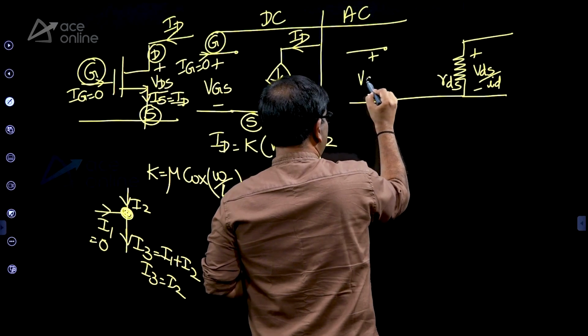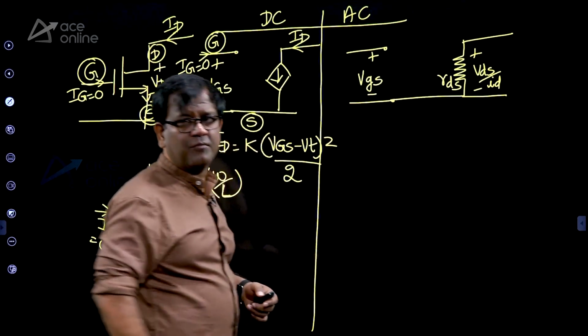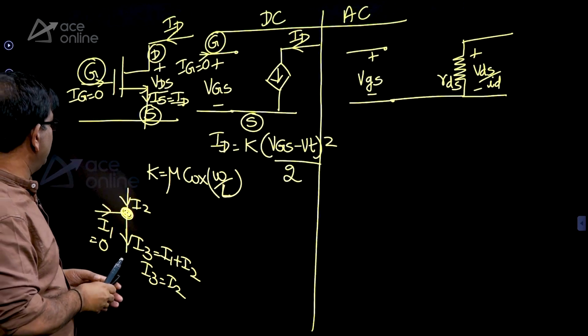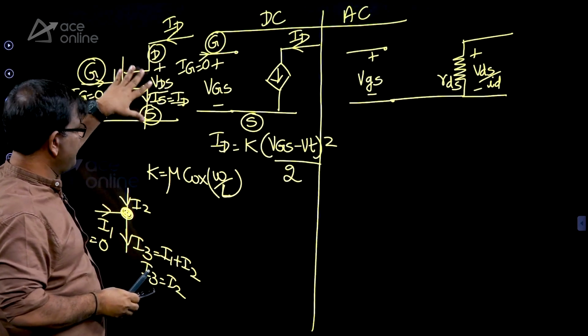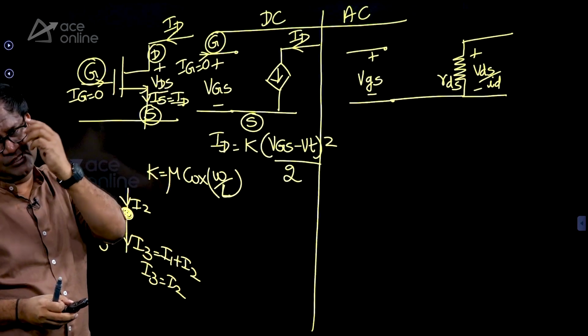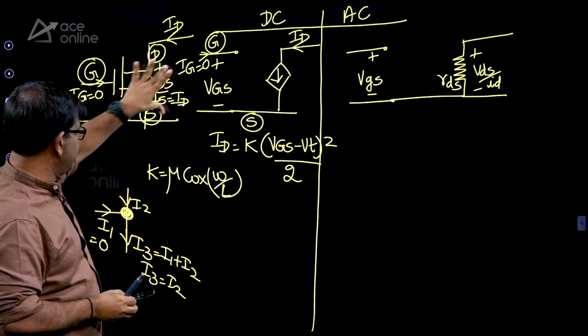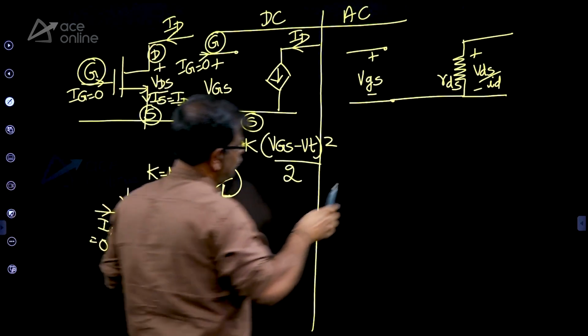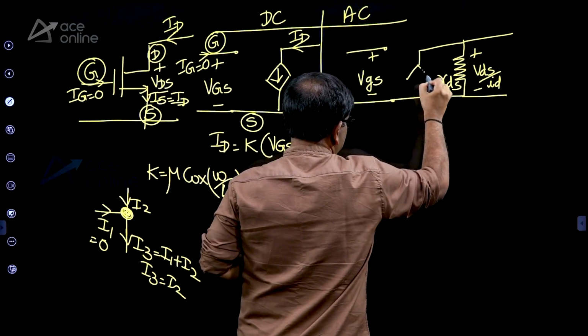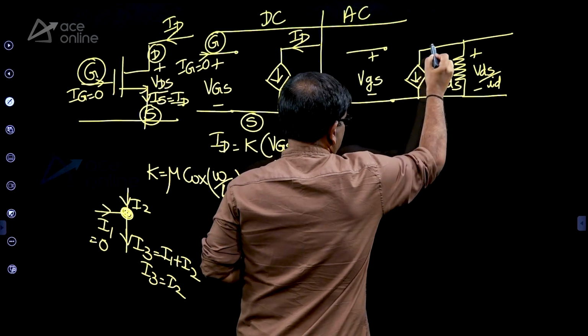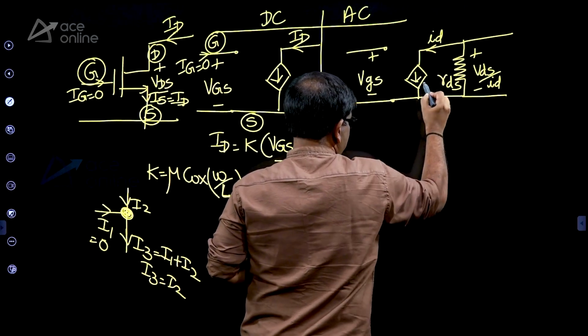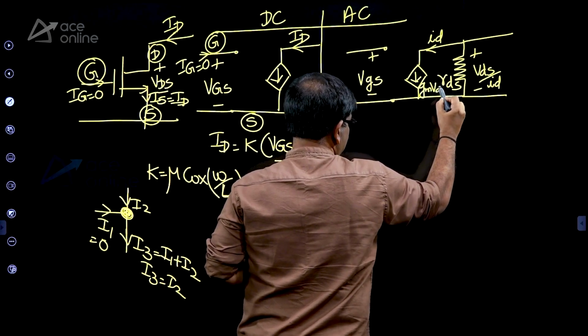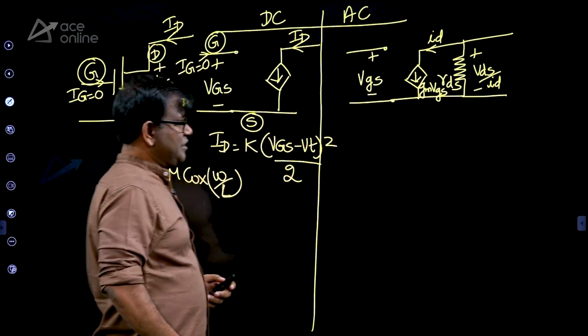So this is the small signal model of a MOSFET. But the only difference is these devices are called dependent sources. So you cannot just replace them by a resistor. You need a dependent source, which is ID is GM times VGS.